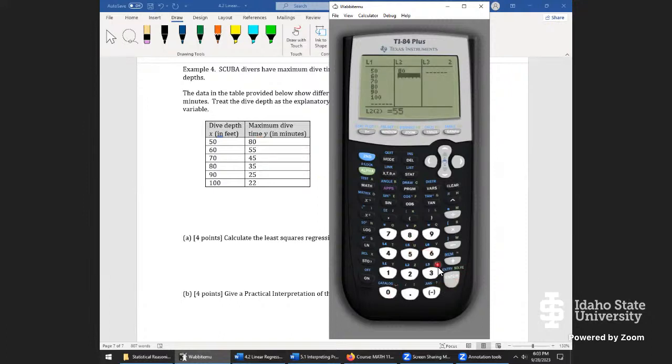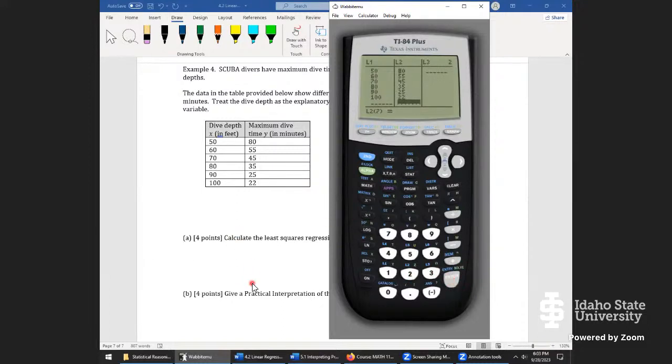Then the time starts to shorten up rapidly, 55 minutes, 45 minutes at 70 feet, 35 minutes, 25 minutes. And then if you go from 90 feet to 100 feet, those 3 minutes really do matter. So at 100 feet, only 22 minutes. So that's all of our data set up.